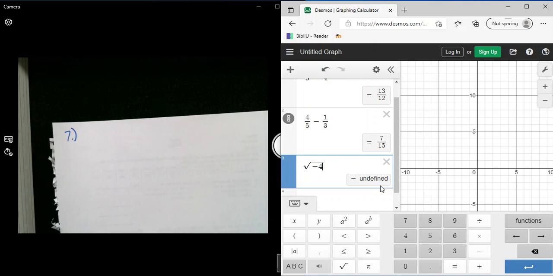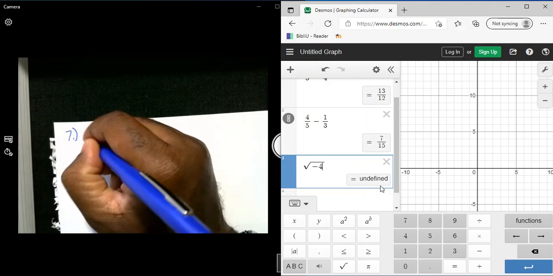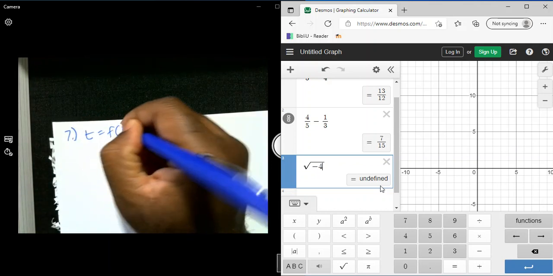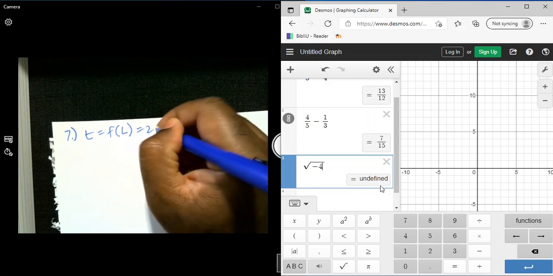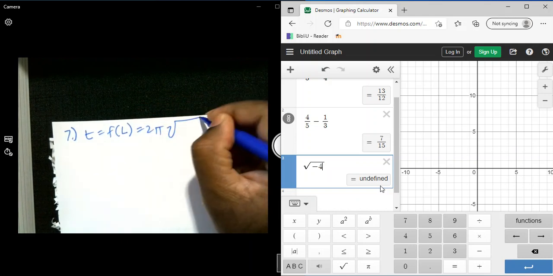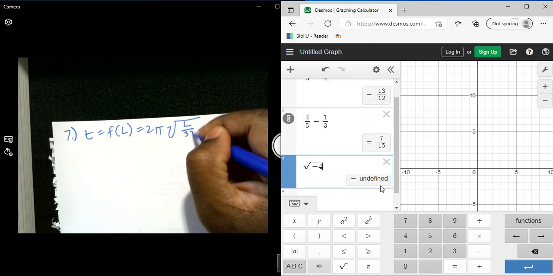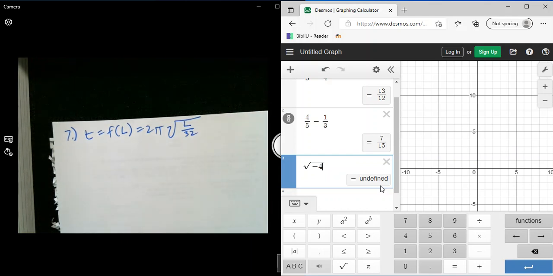The relationship is defined by t equals f of l, which is equal to 2 pi times the square root of l over 32. So this is the formula, where L is the length of the pendulum.